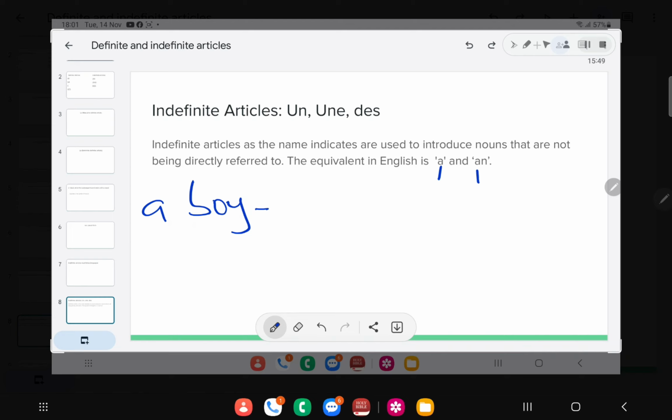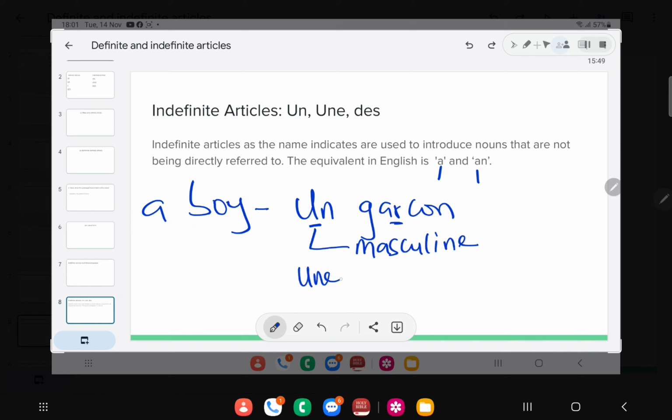I just said a boy, it would be un garçon. Un because garçon is a masculine noun, a masculine word. So un is the masculine version of the indefinite article. Une is the feminine version. And des is a plural version.